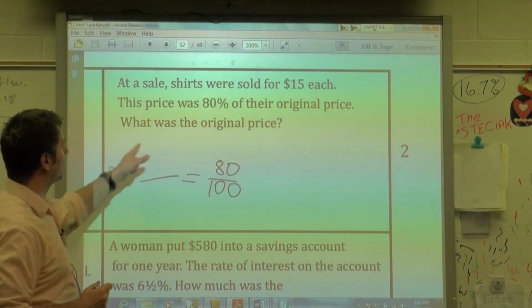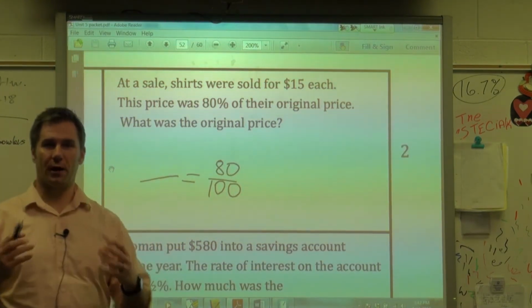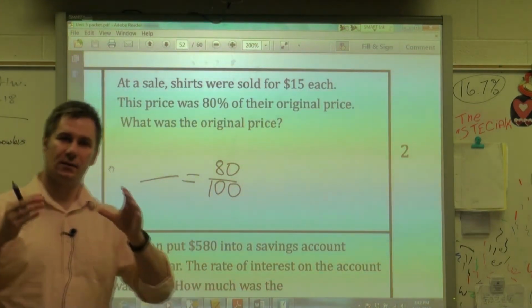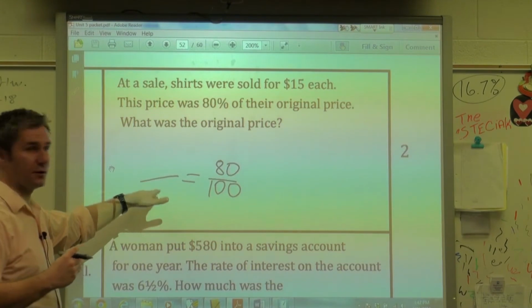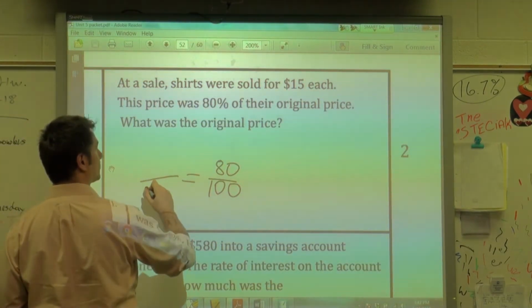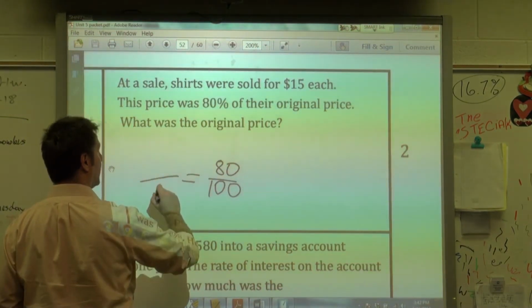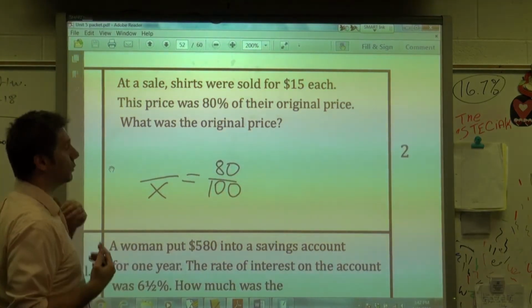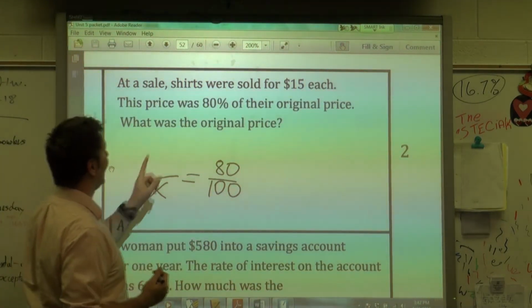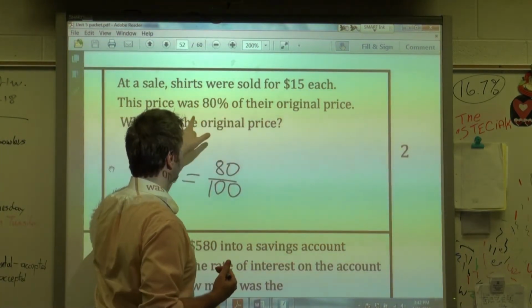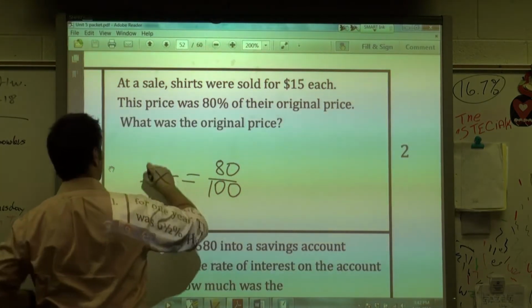The original price, or the price at the beginning, is always the price that goes on the bottom, which means we don't have it, so it will be X. But we do know that 80% is worth $15.